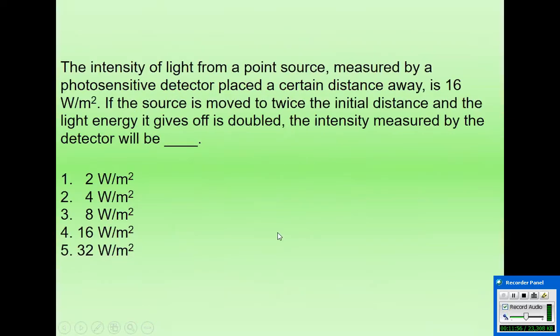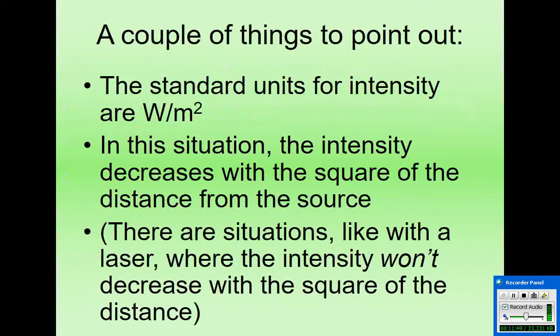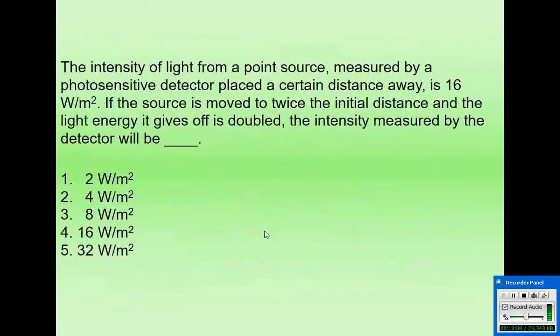Think about this question. We have a light source that is presumably not a laser, and we have a light detector that measures 16 watts per square meter at a particular distance. We are going to double the distance between the source and the detector, and we're also going to double the power of the source.